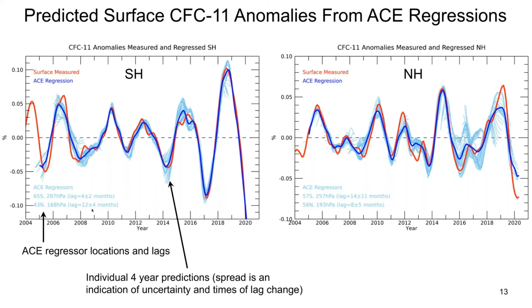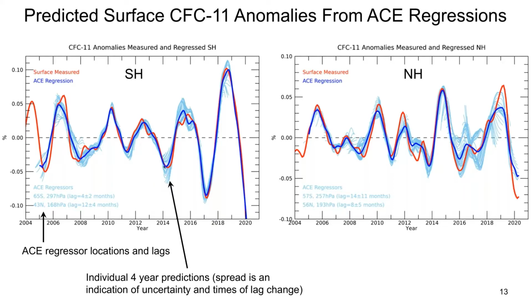Okay, so you'll notice there are light blue lines on here. These are each of the individual 4-year running predictions. And so the spread of those is some indication of the uncertainty of this estimate, and also the time of lag change. So you can see that the lag that got the best correlation for a previous QBO cycle didn't work as well for the next QBO cycle, perhaps.